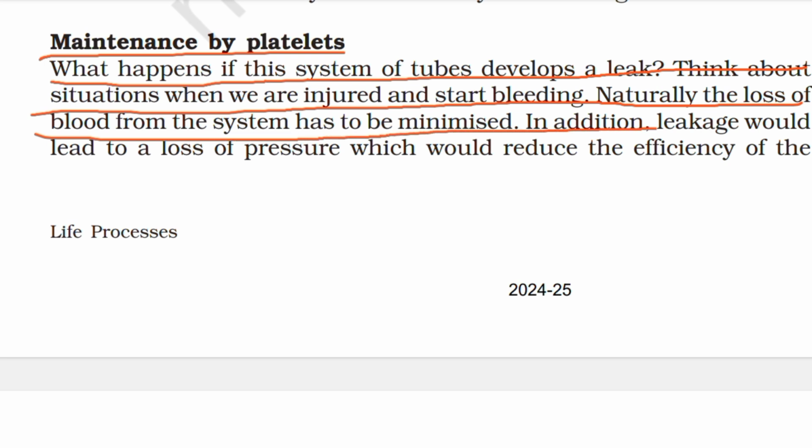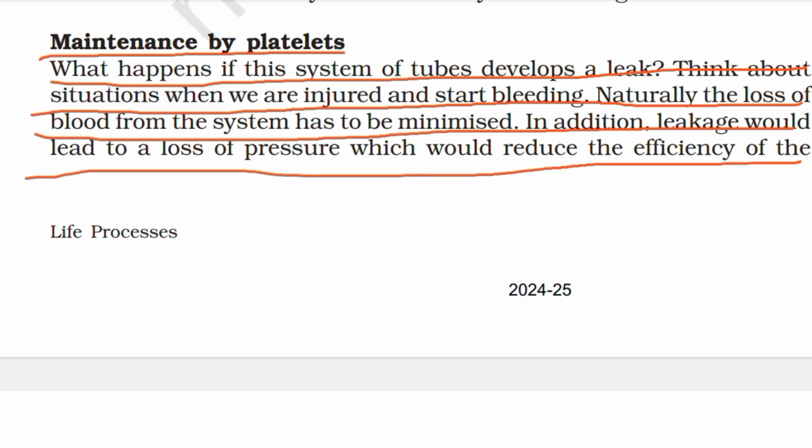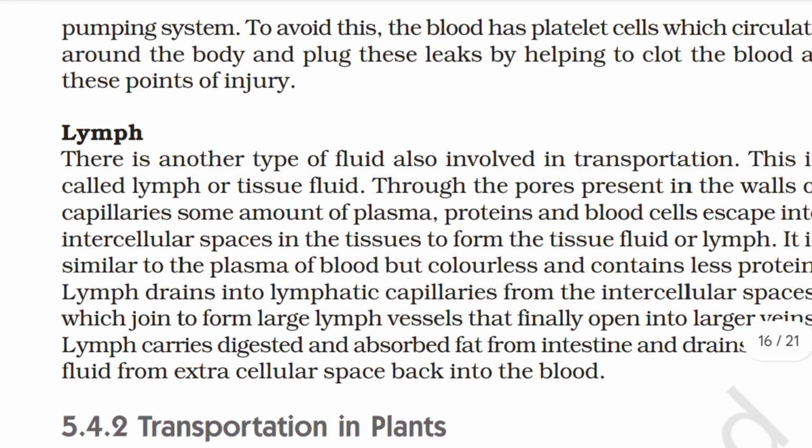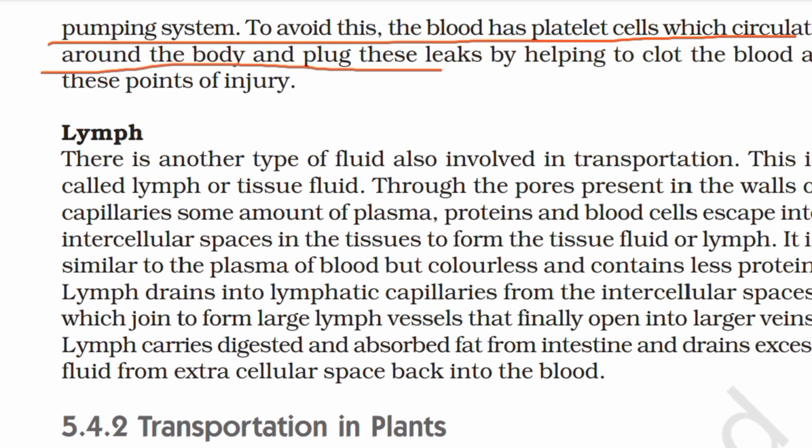In addition, leakage would lead to a loss of pressure, which would reduce the efficiency of the pumping system. To avoid this, the blood has platelet cells which circulate around the body and plug these leaks by helping to clot the blood at these points of injury.